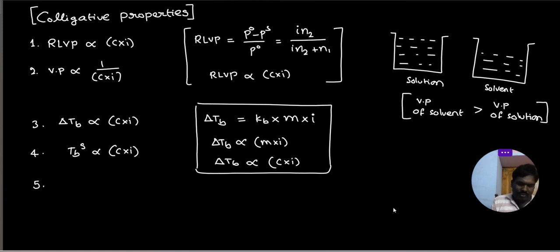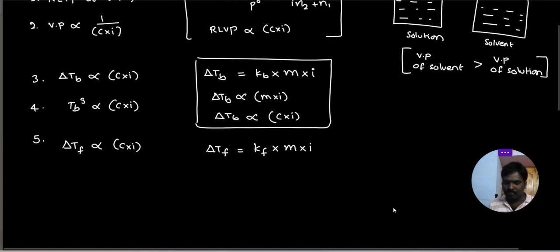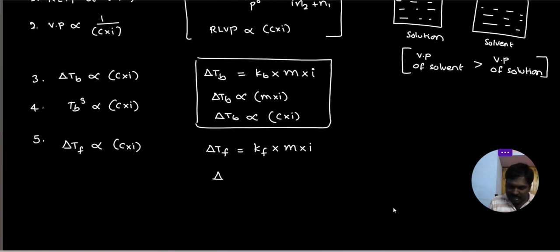Now coming to the fifth. Depression in freezing point is directly proportional to C into i. The relation is delta TF equal to KF into molality into van't Hoff factor. KF is the cryoscopic constant.